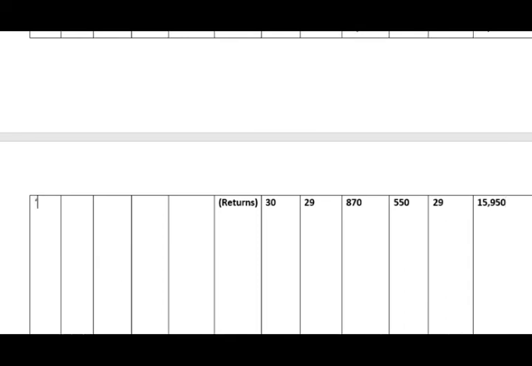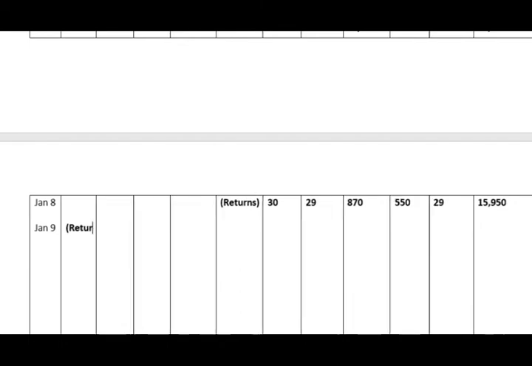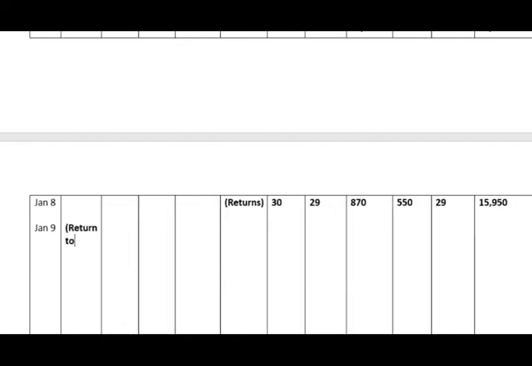So let's record the date. The date will be, here it is Jan 8 and Jan 9 here for the new transaction. So we're getting back. So it is actually a what? A return to store.